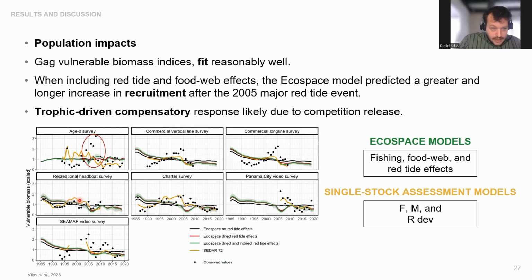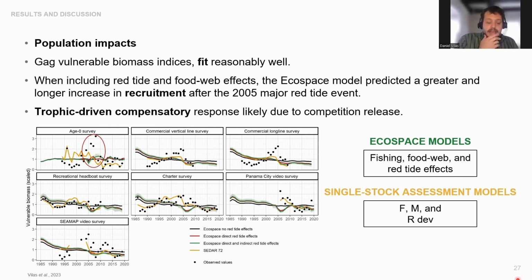And another thing that we want to take a look at is this H0 survey that represents the recruitment in these populations. We have a longer and higher recruitment when applying those red tide effects to the whole community, after the 2005 event, where there was a peak in mortality.